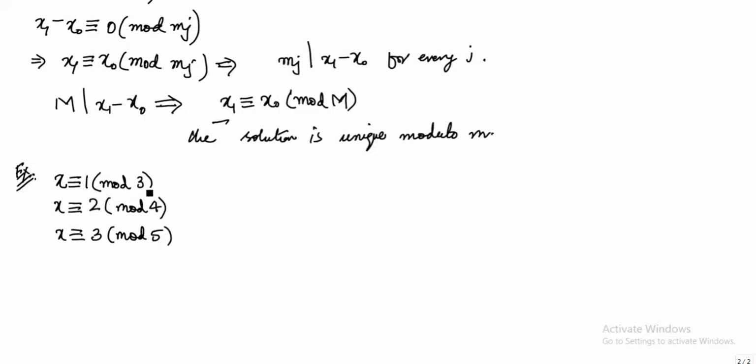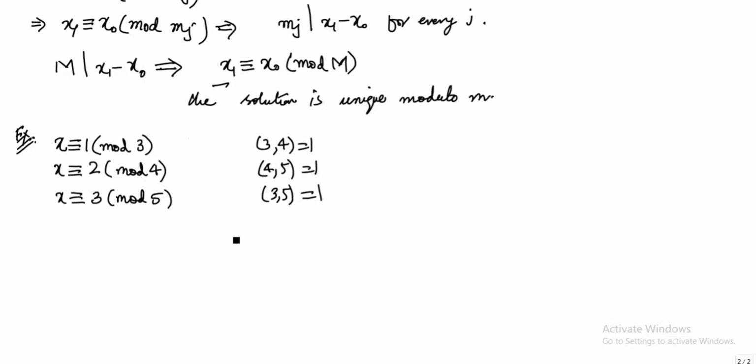Look here, for all moduli, GCD of 3 and 4 is 1, GCD of 4 and 5 is 1, and GCD of 3 and 5 is 1. So the moduli m_i are pairwise coprime here. So it means this system has a unique solution. This system has a solution and the solution must be unique. So we will apply CRT, the Chinese remainder theorem, to solve that.